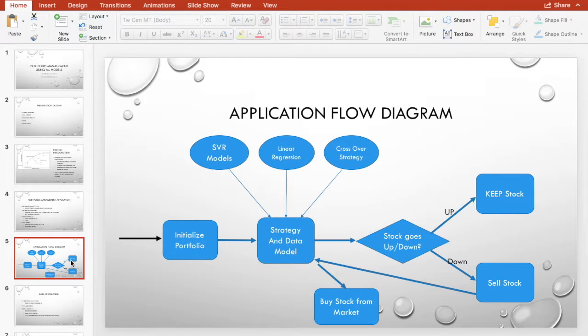Let me quickly describe how the application works. First of all, I initialize the portfolio. The portfolio will have a 25 stock maximum, and I have $500,000 of capital available for trading initially. For each stock in the S&P 500 list, I calculate the expected return and the CAPM value using the historical data.